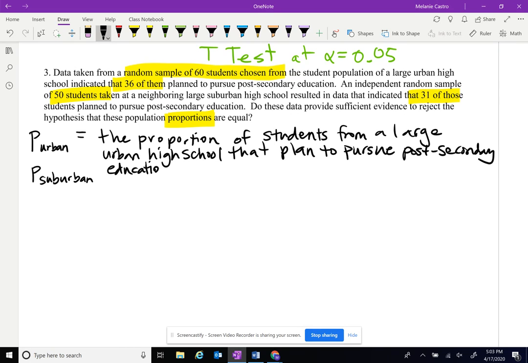How many of them plan to go to college or some sort of career training, tech training after?